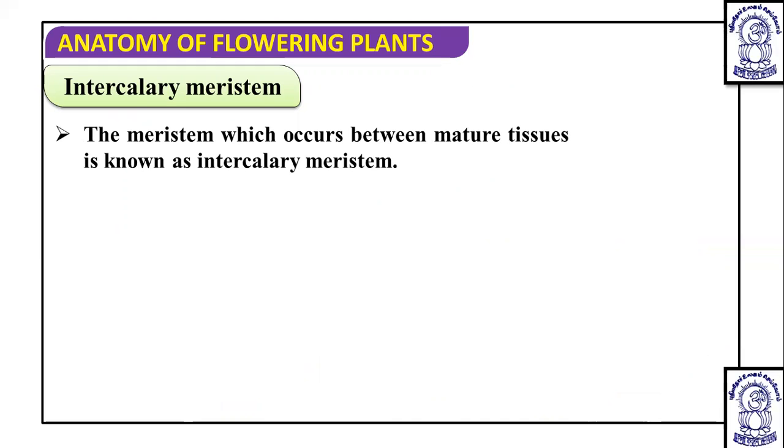Intercalary meristem, if we talk, this is the meristem that occurs between the mature tissues. It is known as intercalary meristem. Where is it located? Between mature tissues, means between the permanent tissues which have already stopped their capacity of division. Intercalary, calary means in between. Particularly intercalary means it is located between the permanent tissue or mature tissue.